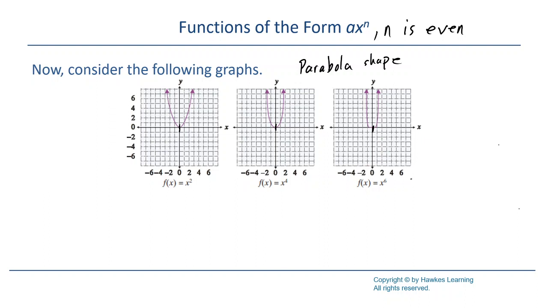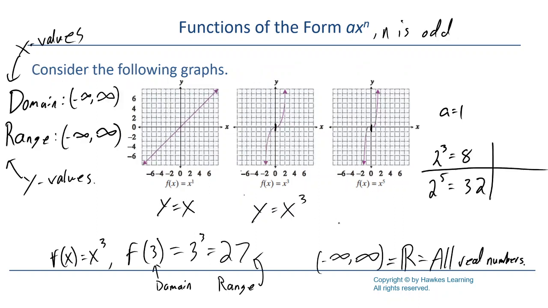But the key takeaway is the domain previously was all real numbers. That doesn't change here because I can still plug in any number. But now notice there's a difference in my range. I can't get any values that are negative. If I go back, there is a point eventually where I can get, I don't know, negative 213.